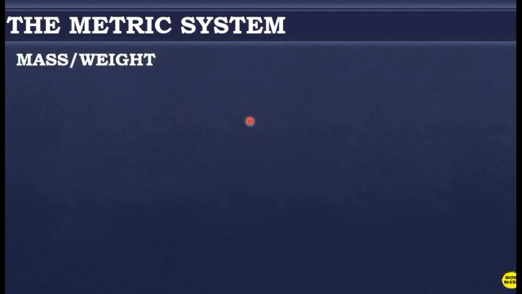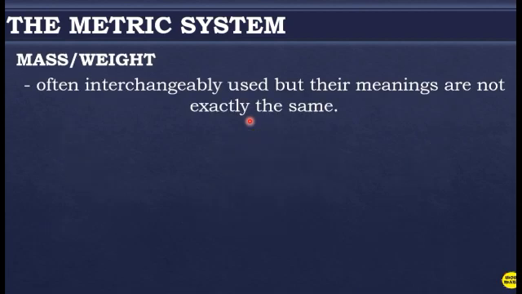And then for weight or mass, actually these two are often interchangeably used, but they have different meanings. What is the difference between the two? Weight relates to the gravitational pull of the earth upon a mass, while mass refers to the amount of matter contained in an object.